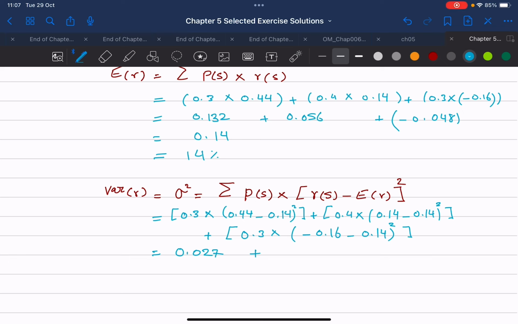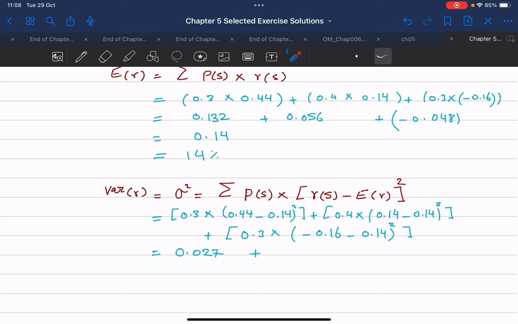Plus, move on to the second term. For the second term, you can take a shortcut here because the holding period return for the second case is 0.14, which is 14%, and our mean is also 14%. So subtracting, we're going to get a 0, and a 0 to the power of 2 is also 0. So this part, 0 multiplied by 0.4, is also going to be 0. You can take that shortcut and move on to the third term.